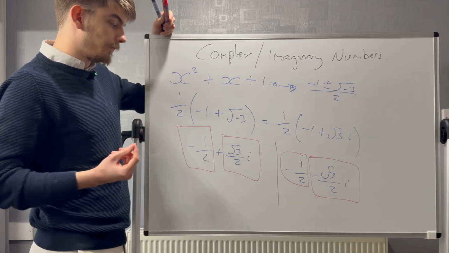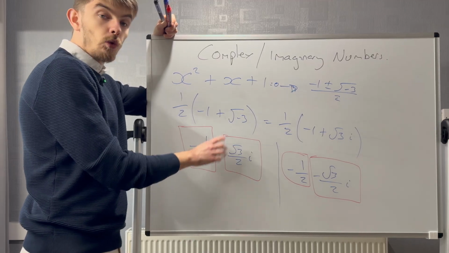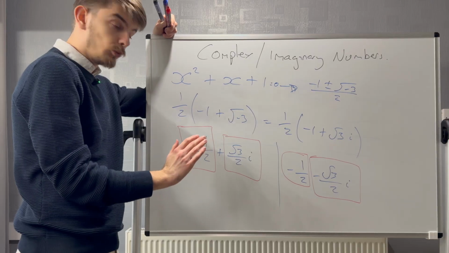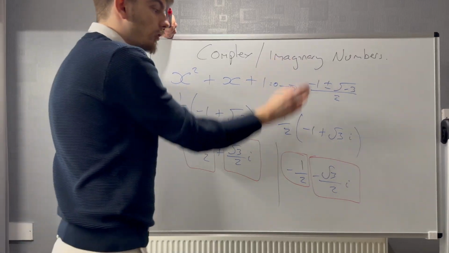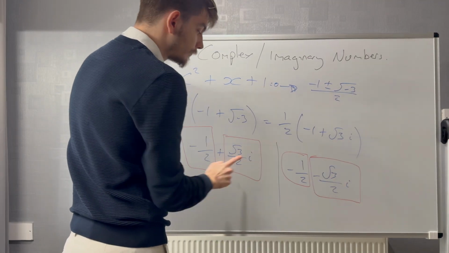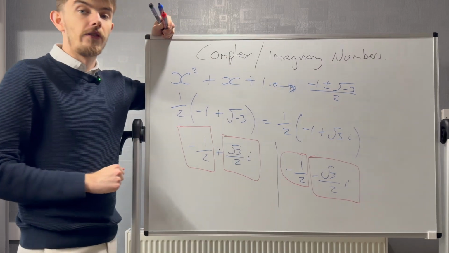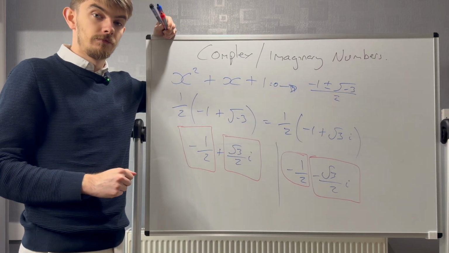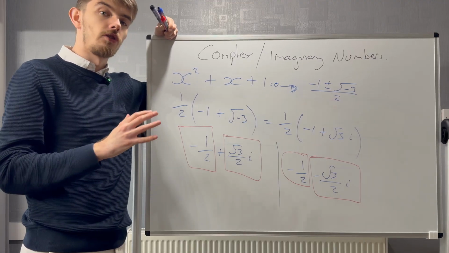Whenever I have got a real number and an imaginary number added or subtracted together or from one another, it is a complex number. So an imaginary number is my number with an i on its own, these guys here. A complex number are both of them added together. Okay? So this is the bare basics of what a complex and imaginary number are.